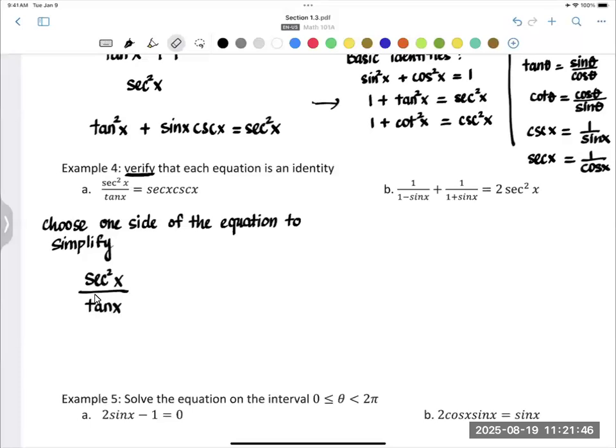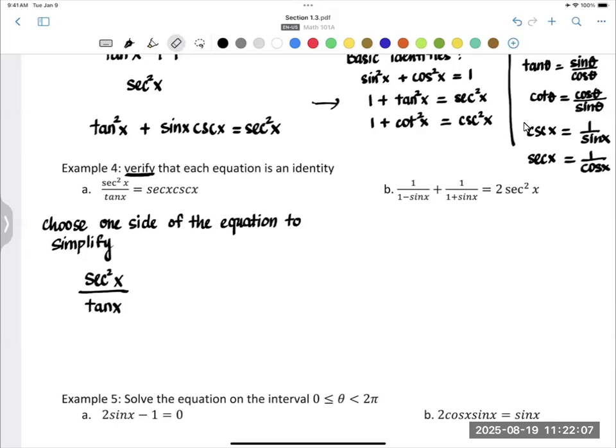All right, now we're going to see if there is any identity so I can simplify this expression to something that looks like secant x times cosecant x. I can see there's a square. For the square, I have the identity 1 plus tangent square x.